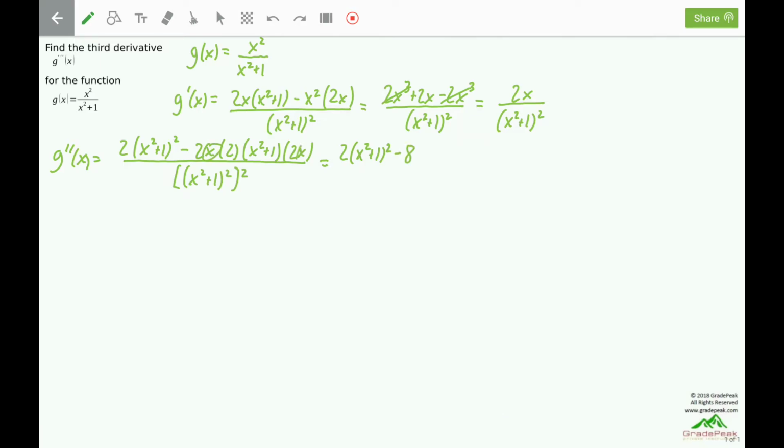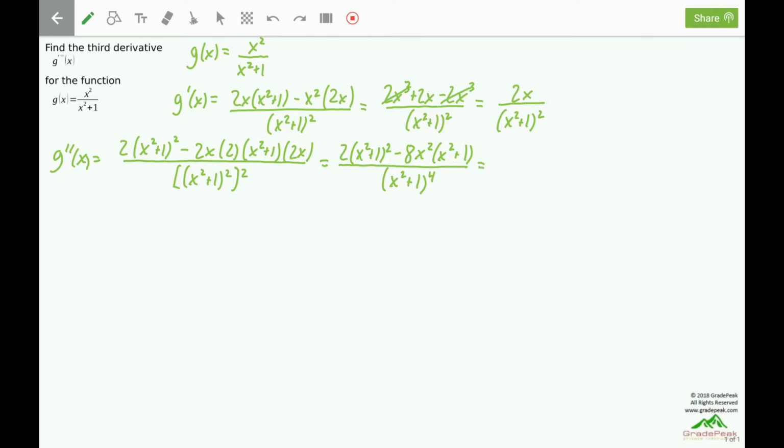I have an x and another x. X times x will be x squared. And then I have that x squared plus 1 that we will be able to factor. In the denominator, I have x squared plus 1 squared, and then squared again, raised to an exponent to another exponent. You multiply the exponents, 2 times 2 will be a 4.